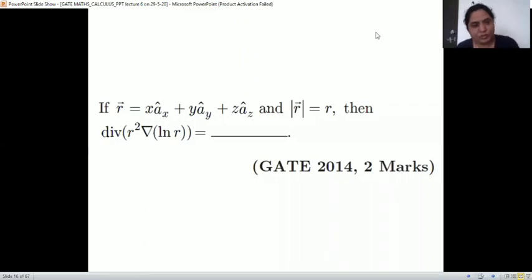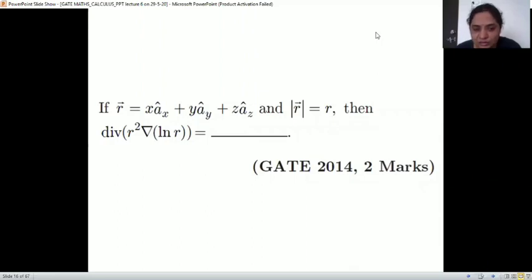Del ln r is nothing but derivative of ln of r, it is 1 upon r into del r. I'm telling you the formula: del ln r can be written as 1 upon r into del r, and del r is nothing but r bar upon r.